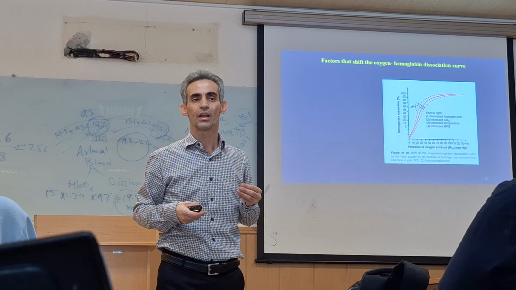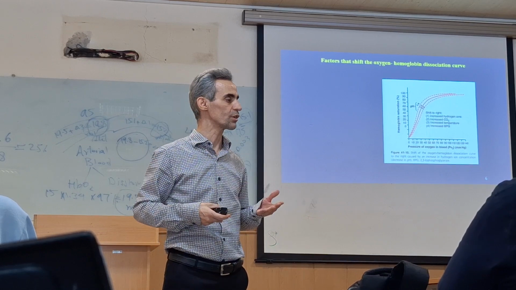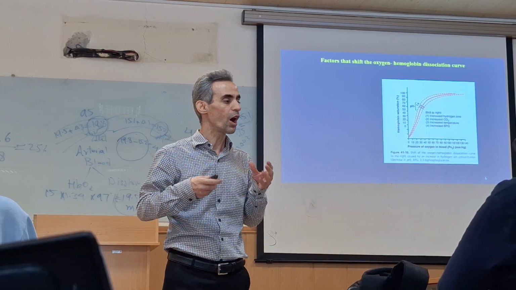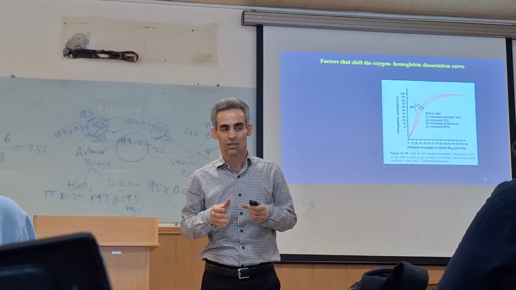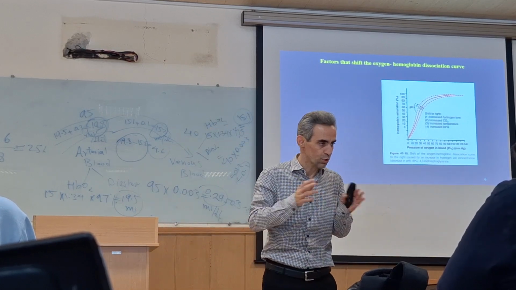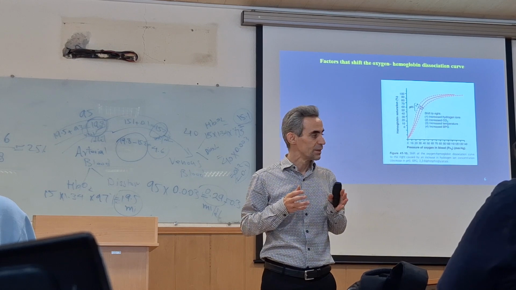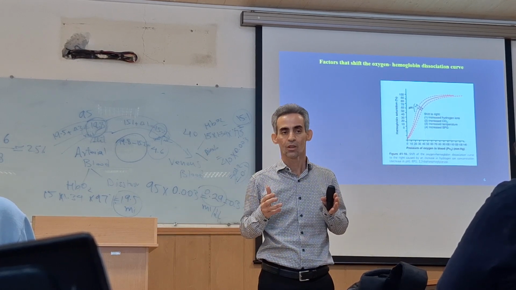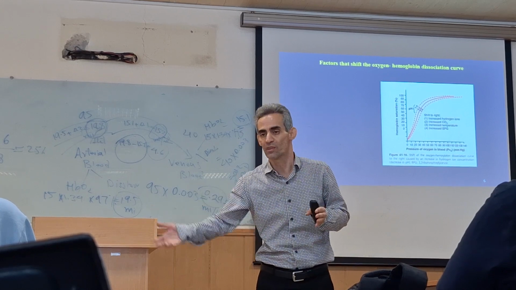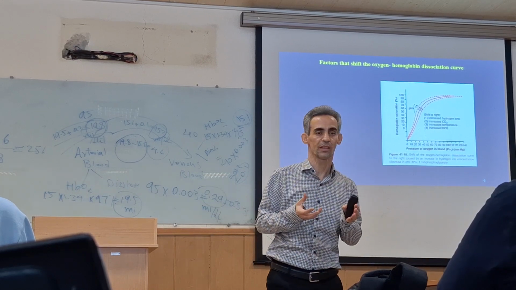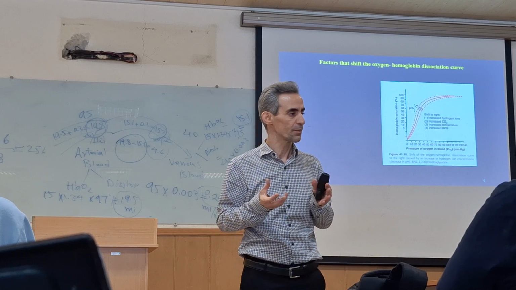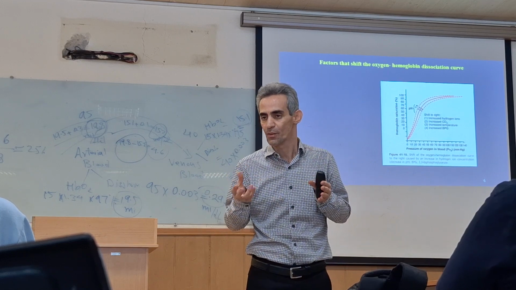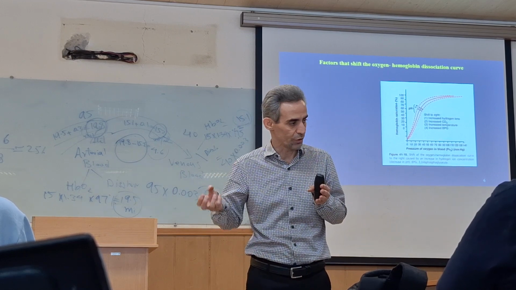When the concentration of carbon dioxide is very high, this high amount of carbon dioxide can change the affinity of hemoglobin to oxygen and leads to the right shift. It means that hemoglobin wants to release more oxygen, and for this we say that carbon dioxide causes a right shift.